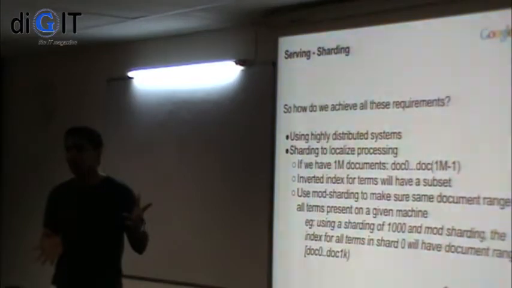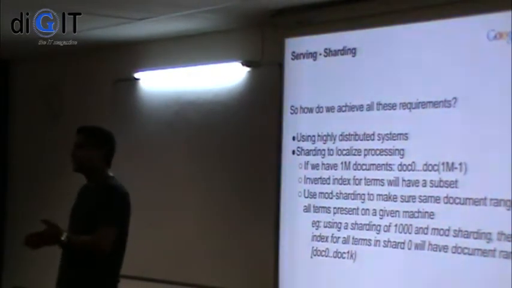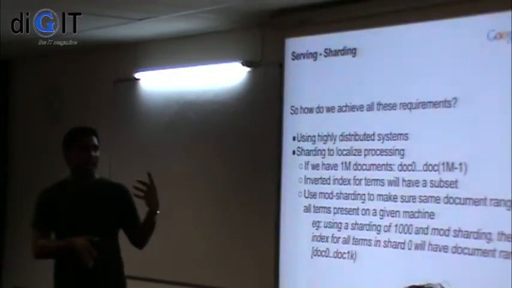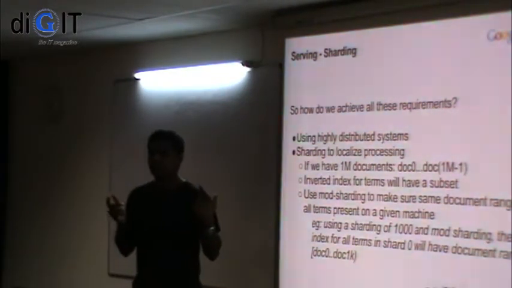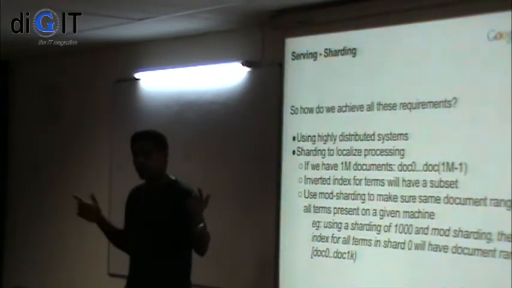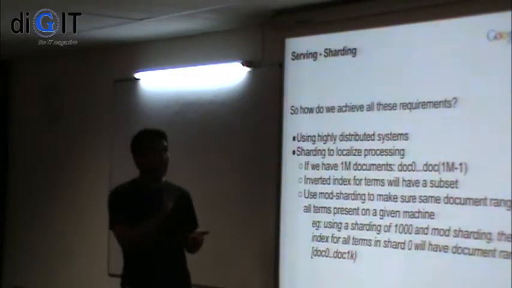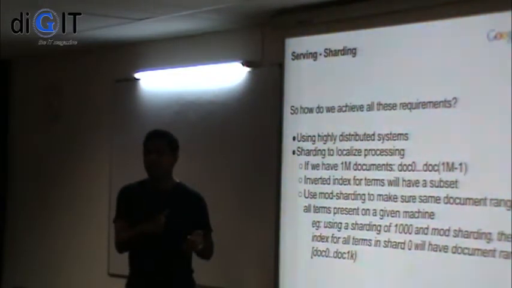So in a simple example, let's assume you have 1 billion documents, and you have 1,000 machines. Each machine will have 1 million documents, and we do something called mod sharding. We take each URL and we do a fingerprint on this. We run a hash function on the URL, so you get a numerical value. Then we mod this numerical value with the number of machines you have.